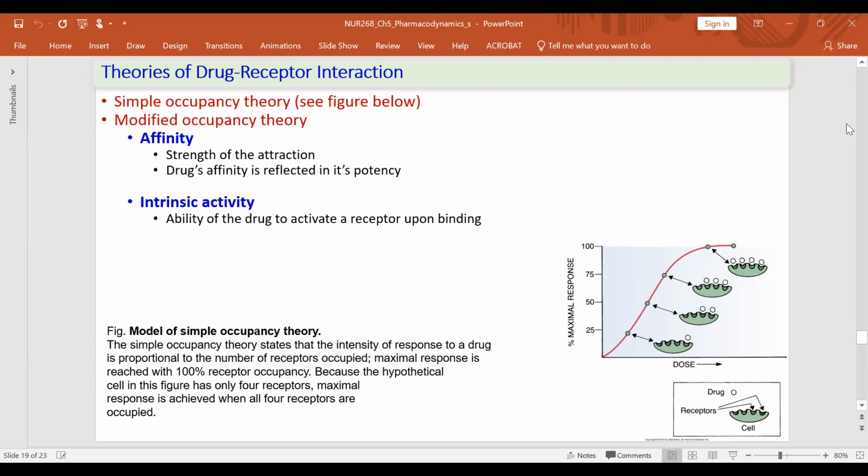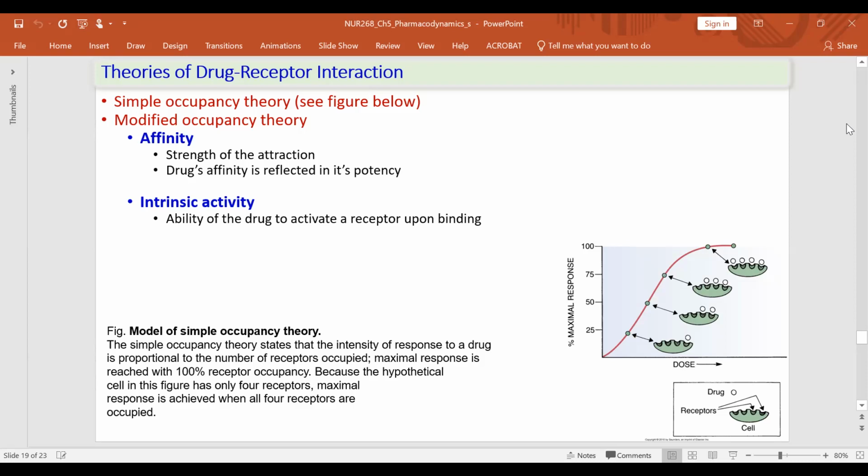However, intrinsic activity is the ability of the drug to activate a receptor upon binding. So when the drug binds to a receptor, the ability of that drug to activate the receptor is intrinsic activity.